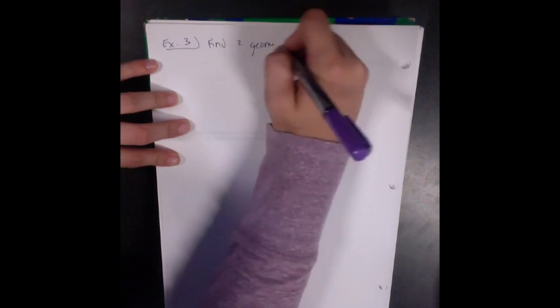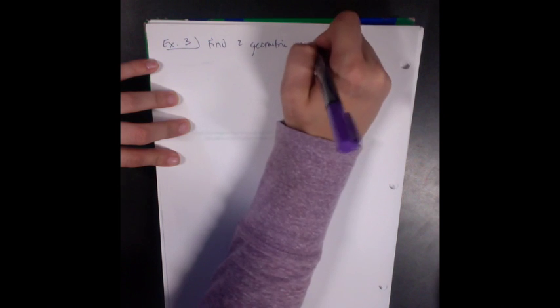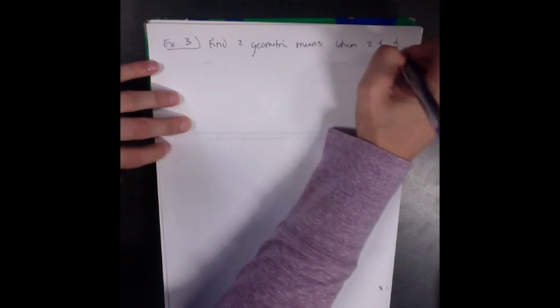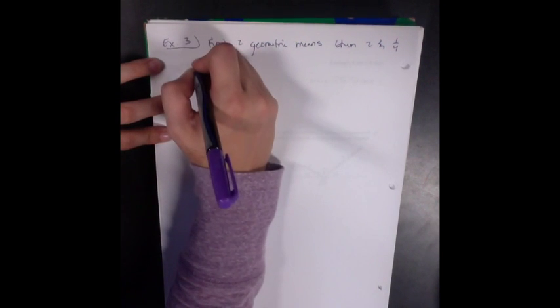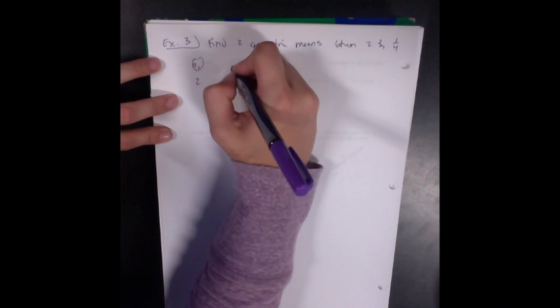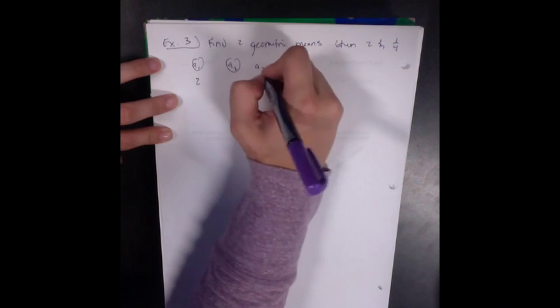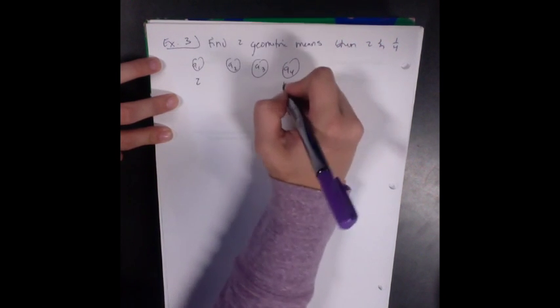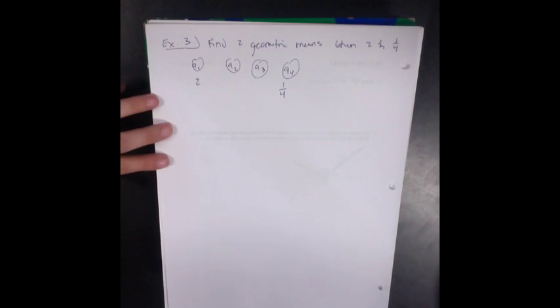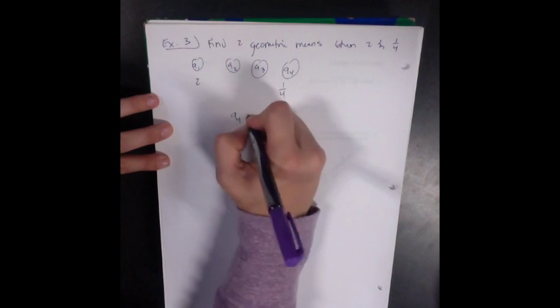Find two geometric means between 2 and 1/4. That means A1 is 2. We're looking for A2, A3, and we know that A4 is 1/4. So we need to find our common ratio.